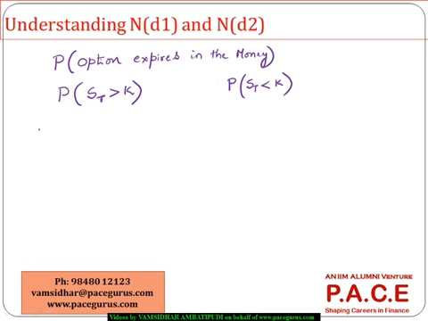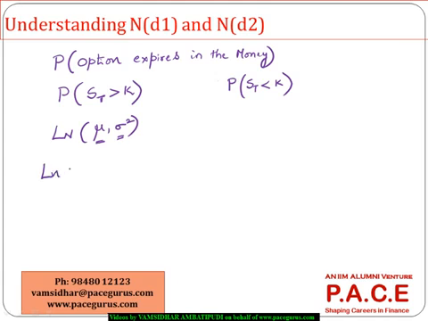Correct? Now, we know that for a call option, we are looking at the underlying asset under the assumption that it follows a log normal distribution with parameters mu and sigma squared, where mu is the mean of the underlying normal distribution and sigma squared is its variance.